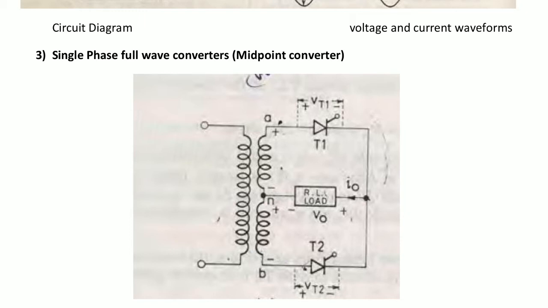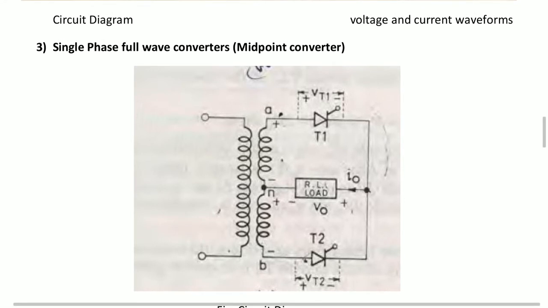So this is the power circuitry for the single phase full wave converter with midpoint converter. There is a midpoint, that is a center tap mechanism, provided for the secondary of the transformer. We can see the tapping point is small n. So for the positive half cycle of the AC wave, we will trigger the thyristor T1.